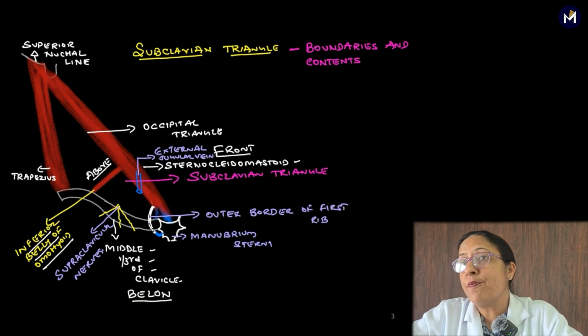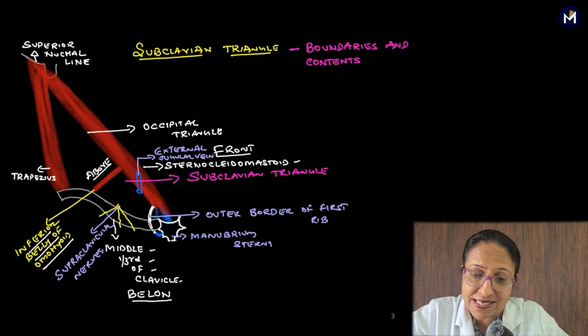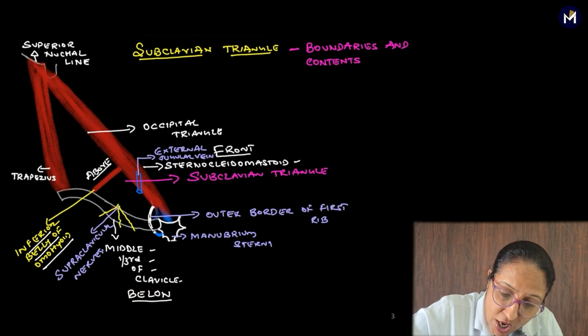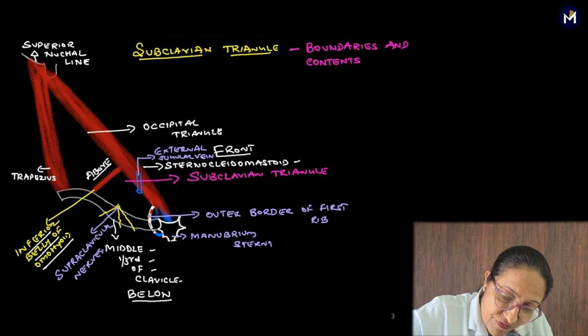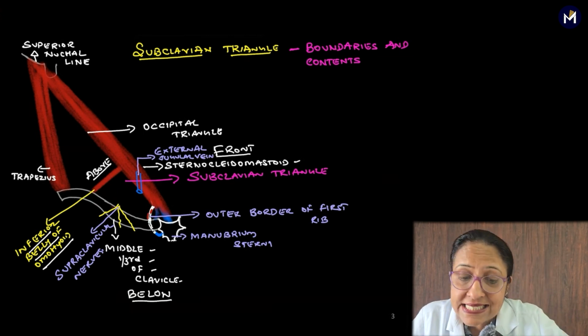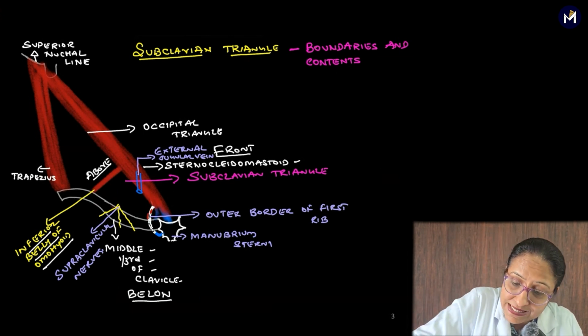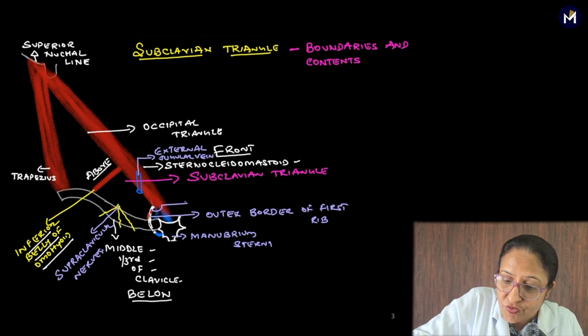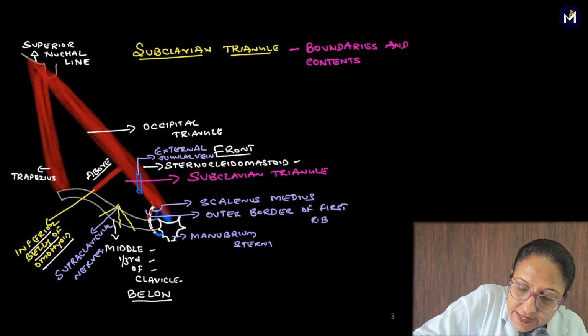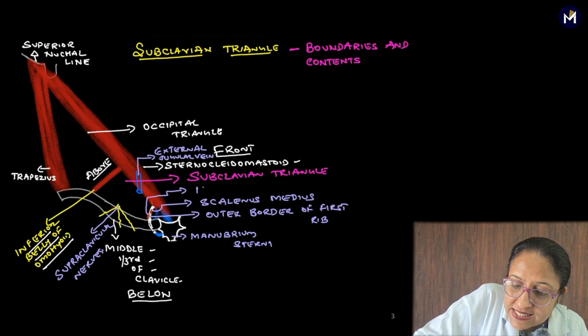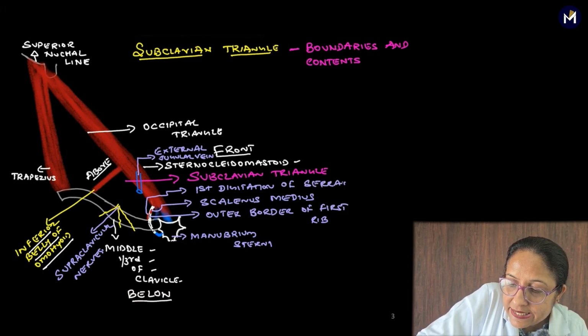Now, on the outer border of the first rib, there are two muscles gaining attachment. One is scalenus medius, another is the first digitation of serratus anterior. So these two muscles will also form the floor, that is scalenus medius, and this muscle is the first digitation of serratus anterior.